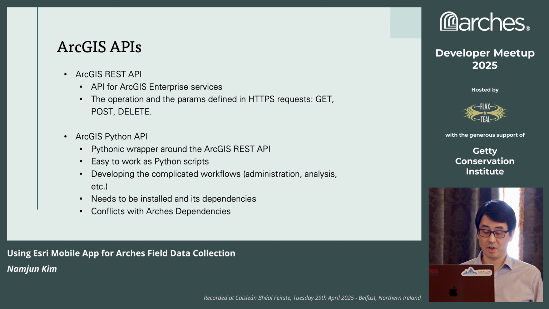There's another one called the ArcGIS Python API. It's basically a Python wrapper around the ArcGIS REST API, so it's easy to work with in Python apps or Python scripts.